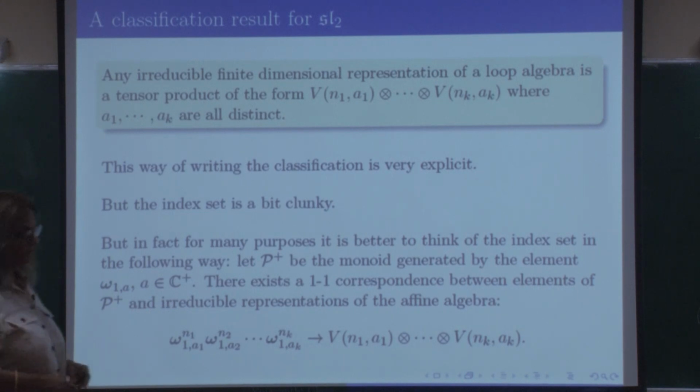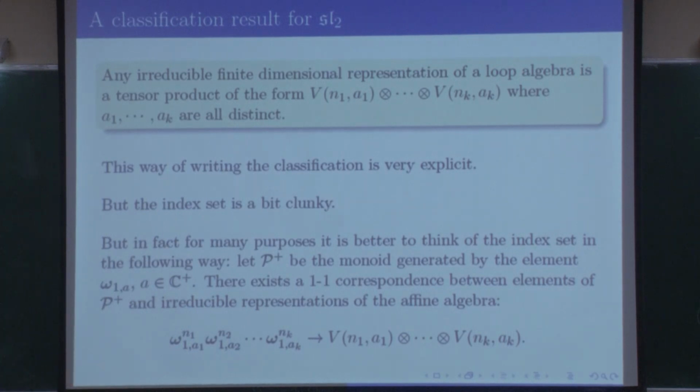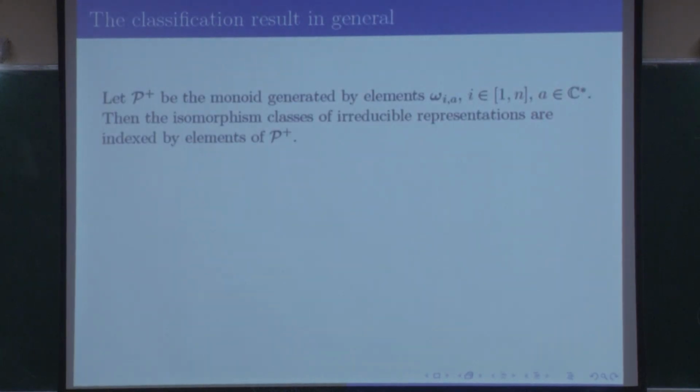And now, of course, you have to do this. I've written this for SL2. But if you were doing it in general, then what would you do? Yeah, free abelian monoid, yeah. I didn't write that. Okay, and so now if I was doing a higher rank, what would I do?